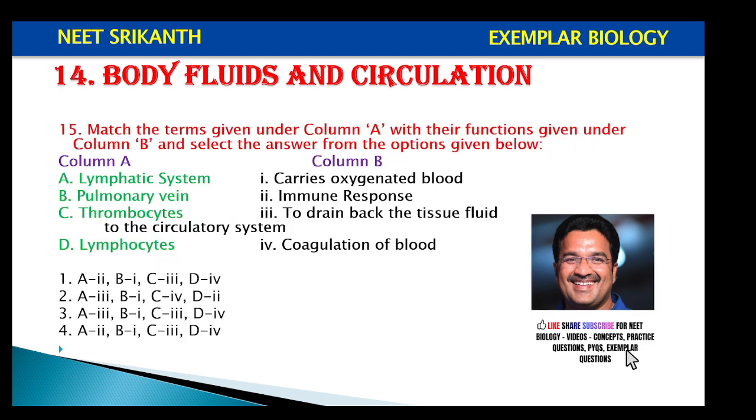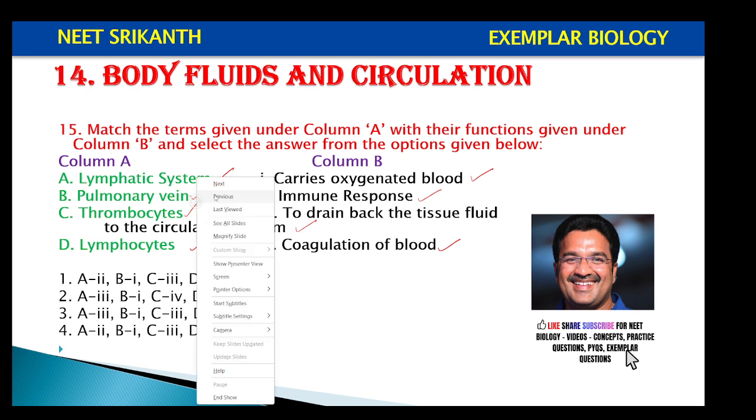Match the terms given under column A with their function given under column B. Select the answer from the options given below. Lymphatic system, pulmonary vein, thrombocyte and lymphocytes are given. Column B has: carry oxygenated blood, immune response, drain back the tissue fluid to the circulatory system, coagulation of the blood. So the lymphatic system we can select to drain back the tissue fluid to the circulatory system.